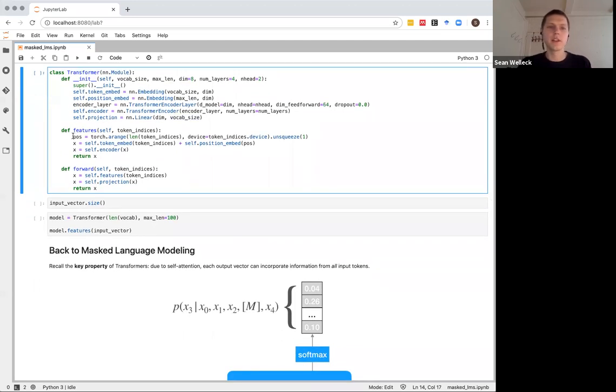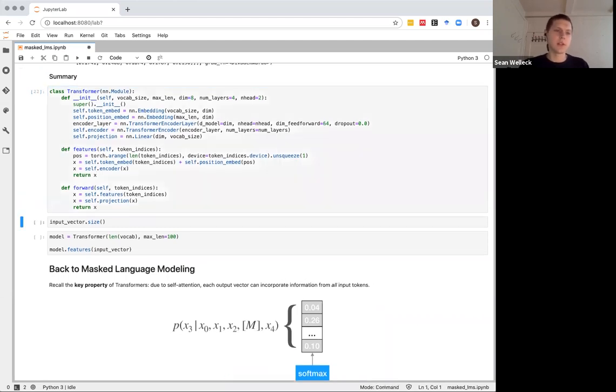And then the forward pass is going to consist of just forming these embeddings here, and then applying this encoder function. And if you want, you could go back and correspond all of this with the diagrams to hopefully understand what's going on. Okay, so this will be our transformer.